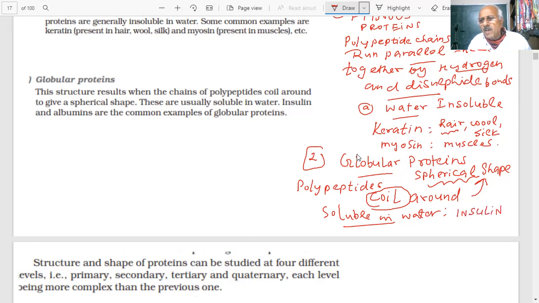Insulin is easy to remember. Insulin is a globular protein. It is spherical in shape, it coils around, and is soluble in water, students.